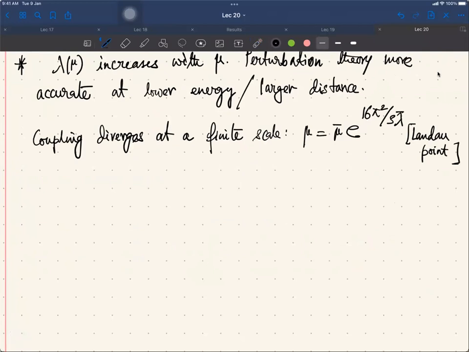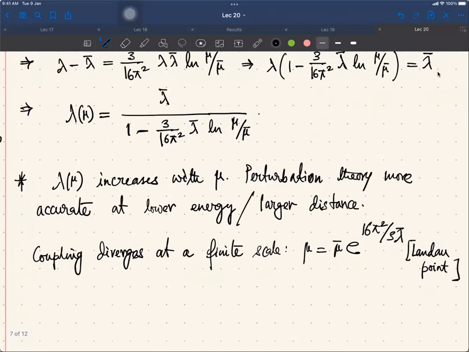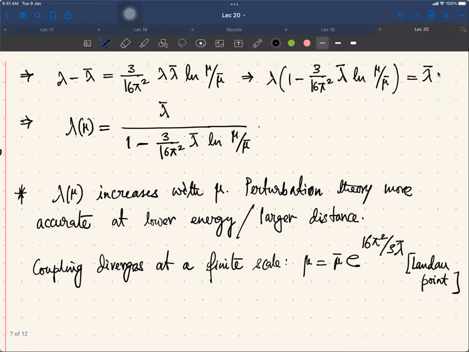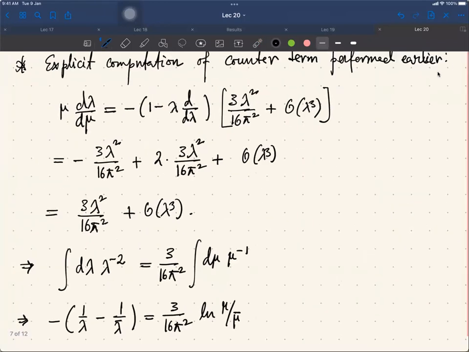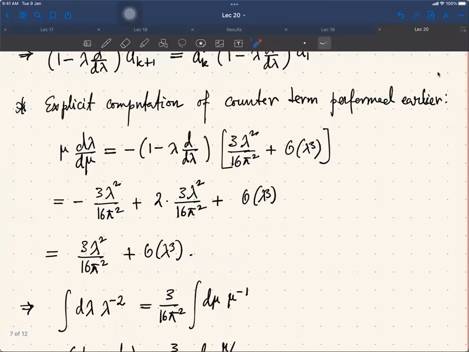However, when the coupling increases, much before reaching the Landau point, the perturbation theory will become unreliable, and it will not be legitimate to keep only the leading order approximation to this differential equation. This is what we did. We neglected this order lambda cube term.